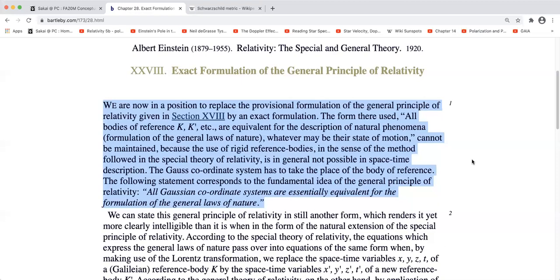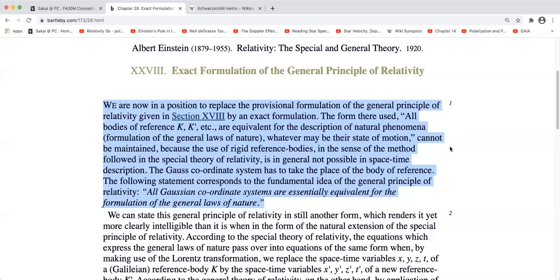But then he goes on and says that we can't use rigid rods to make up a Cartesian coordinate system. We have to throw out such thinking, and hence we have to also throw out the Euclidean space that would hold it, or the reference body that would hold it. And we're left now with a coordinate-free description.